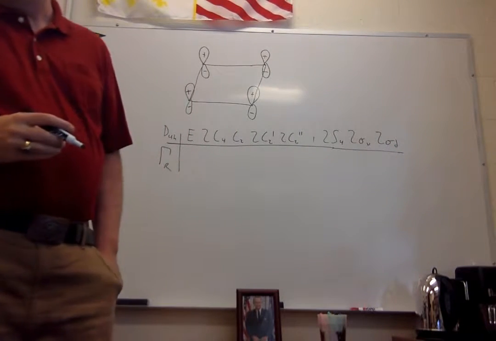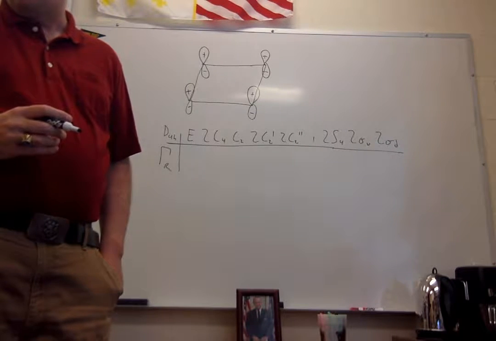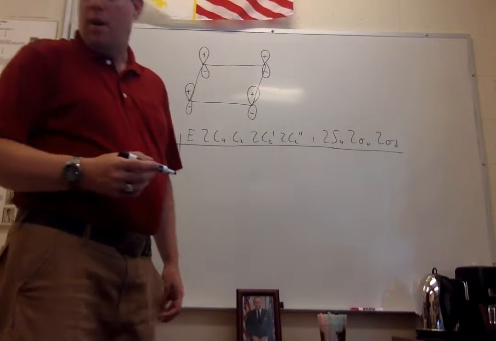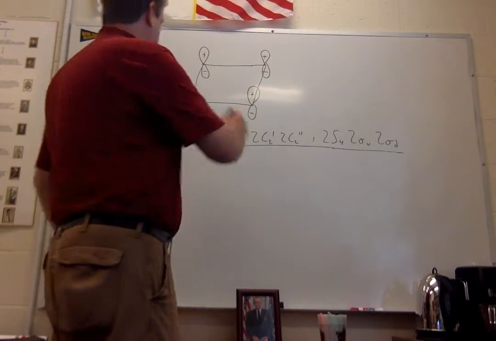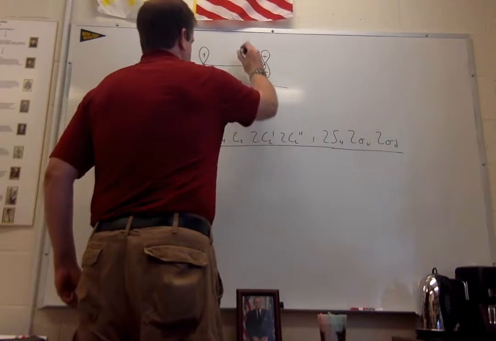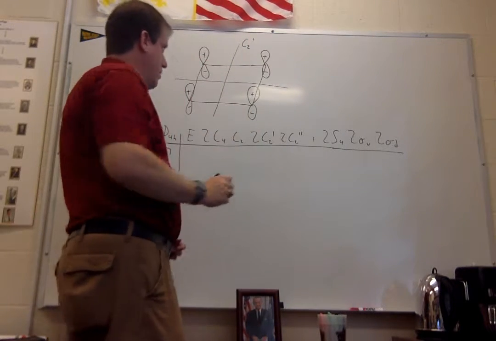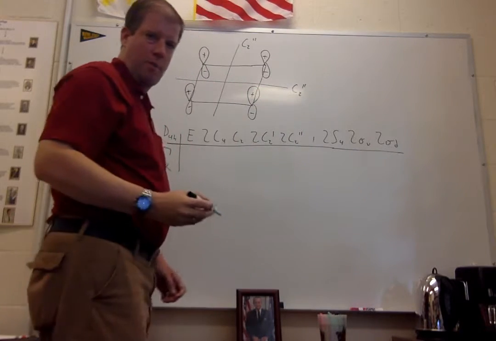Now we have to define where the perpendicular axes and everything are going to be. So as we did in class last week or the week before, these are the C2 double primes. They don't contain any atoms.